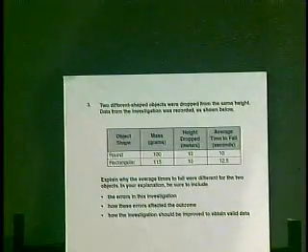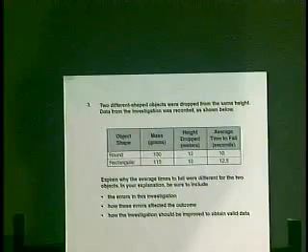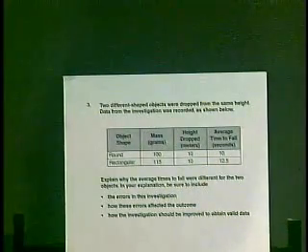But we already said dropping objects of different mass, like we did with the battery and the highlighter, they hit at the same time, so that shouldn't have an effect. So we can forget about that one. The height dropped in meters is the same height, so that's the same, but the time is different. There needs to be something going on here.